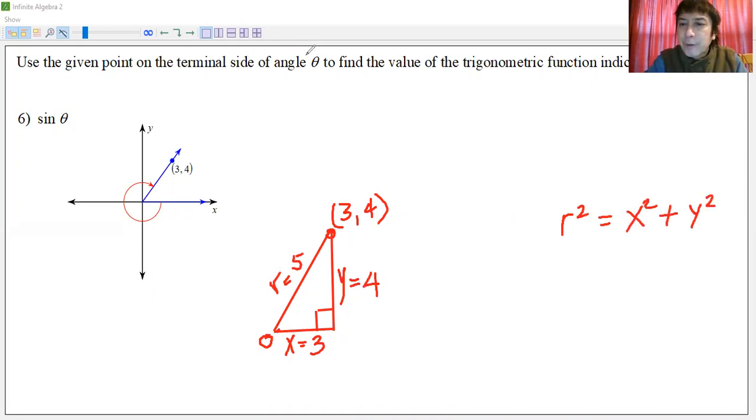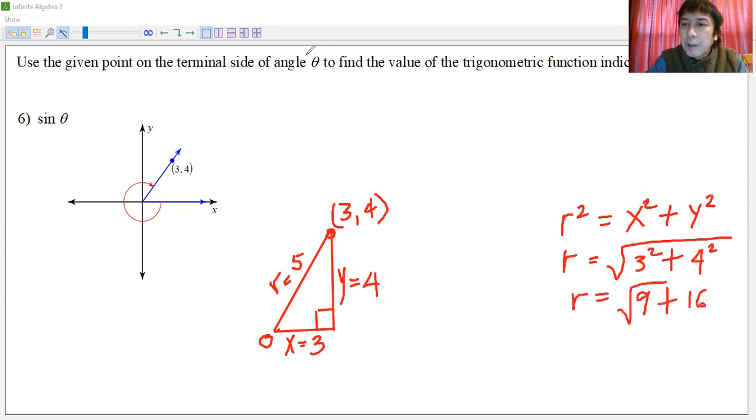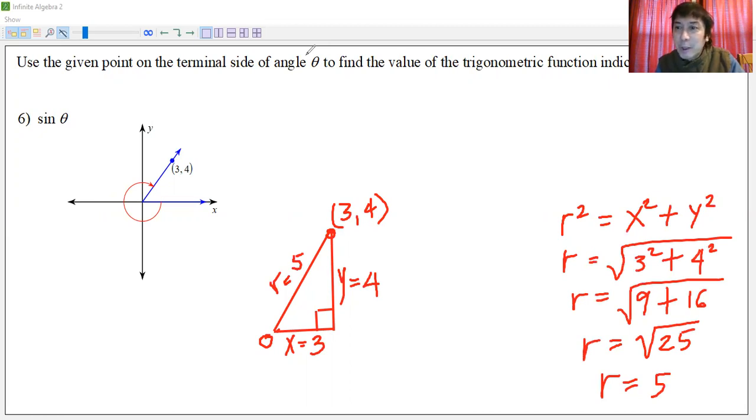So r is the square root of 3 squared plus 4 squared, which is 9 plus 16, the square root of 25, which is exactly 5. So that explains how we got our 5.